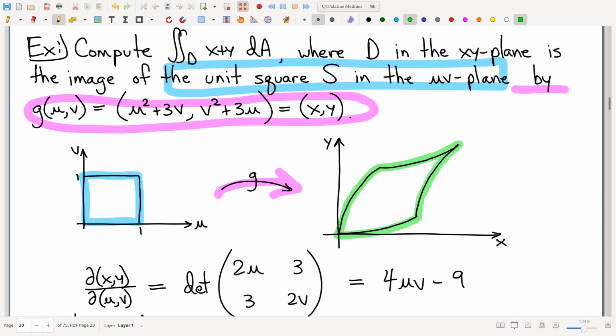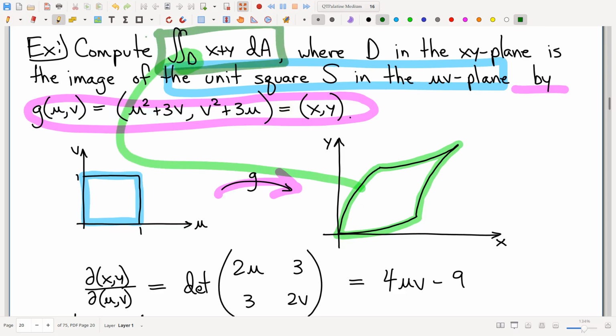And that is to be our domain for an integral that we want to compute. And the question is, how do I compute that double integral? Double integral over this green domain. Is everybody seeing the statement of the question? Everybody with me? Any questions so far?